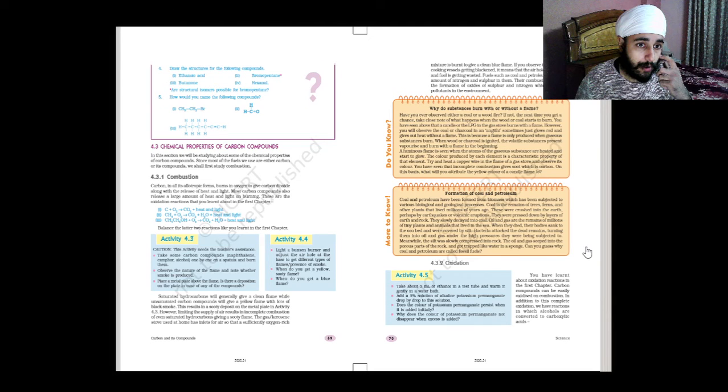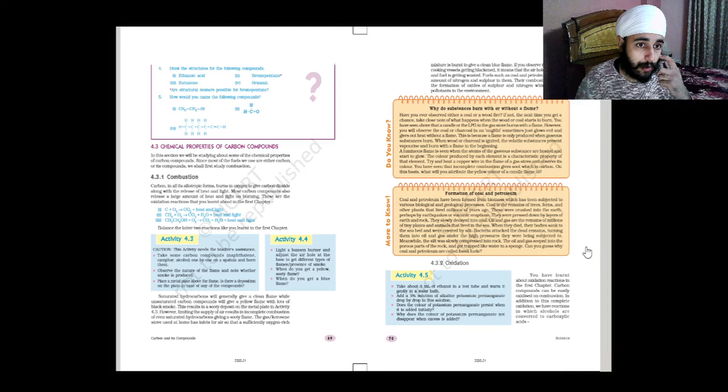Methane with oxygen gives carbon dioxide, water, heat and light. When it produces heat and light, it is an exothermic reaction, right? When we talk about ethanol, it burns in oxygen, so it gives carbon dioxide plus H2O.